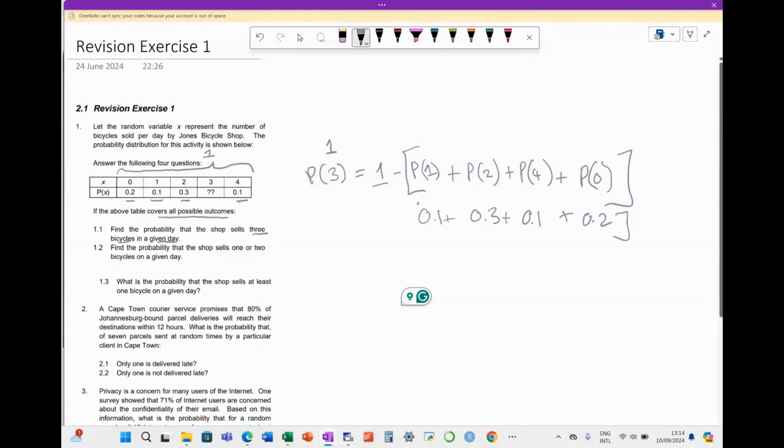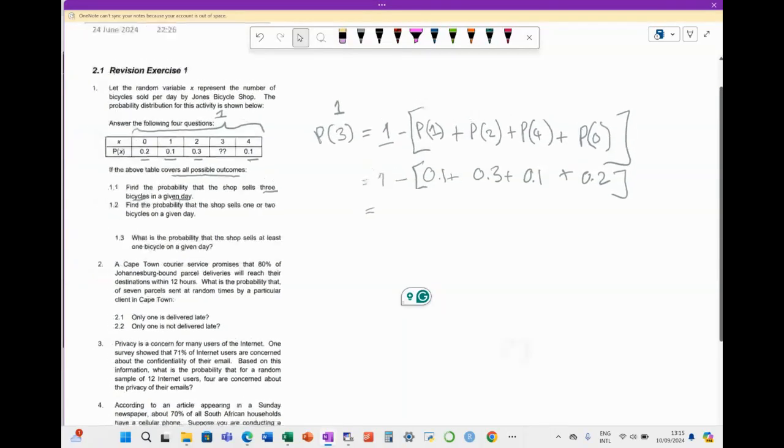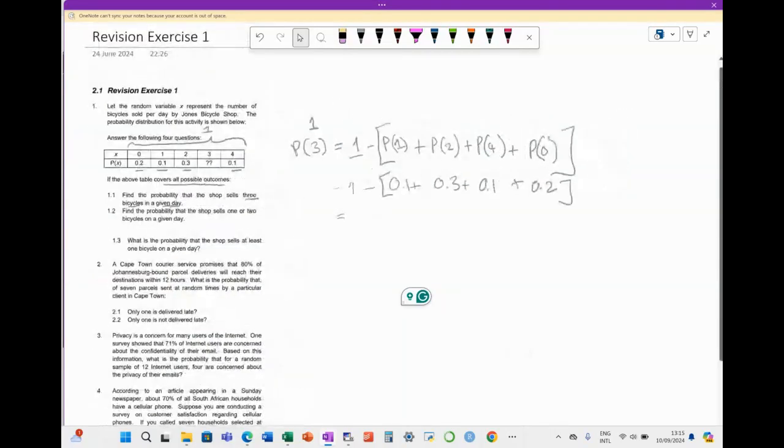What do we get? What are you getting? 0.7.